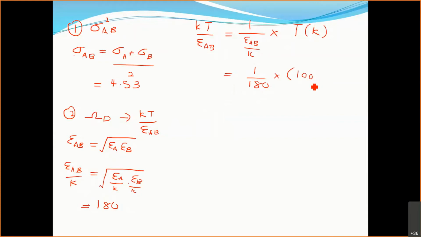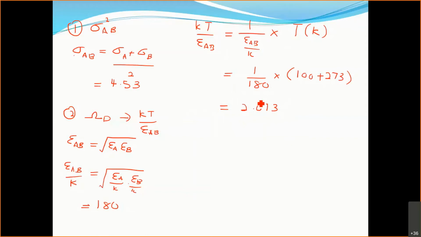But this is in degrees Celsius, so to change it to Kelvin, we add 273, and we'll get 373. Once you do this, you'll get a value of KT over epsilon AB equal to around 2.79.